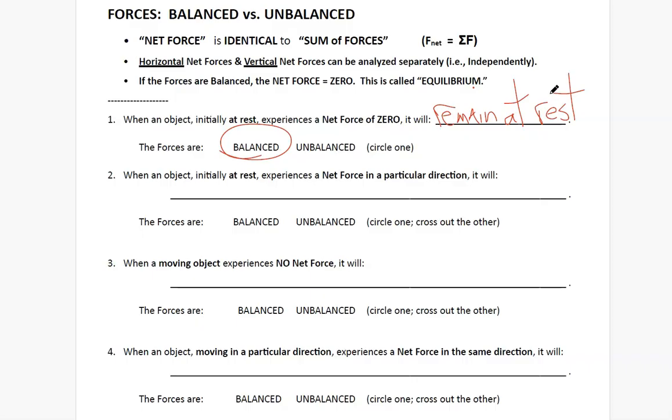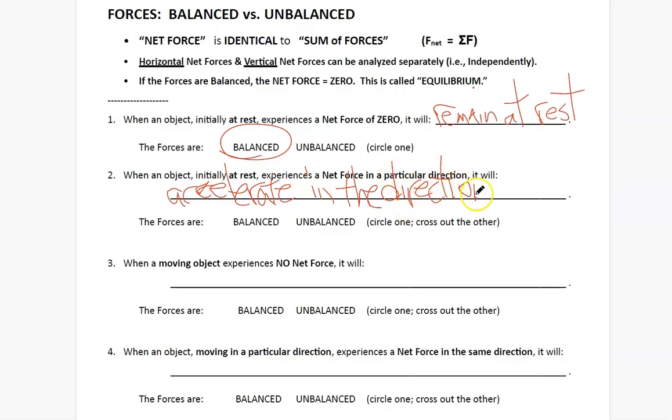All right, number two. When an object initially at rest, all right, it's not going anywhere, its velocity is zero, experiences a net force in a particular direction, it will, all right, so this time there actually is a net force acting on this object that starts off with a velocity of zero. So it will start accelerating, it'll go from zero to something, and it will accelerate in the direction of the net force.